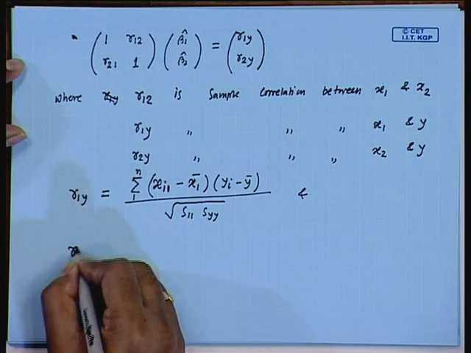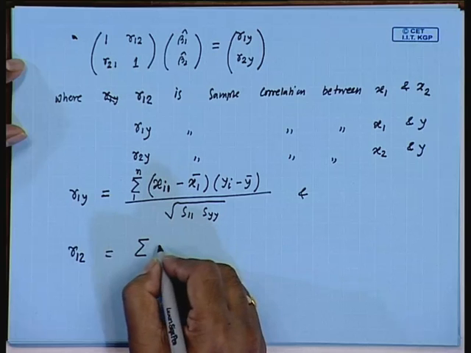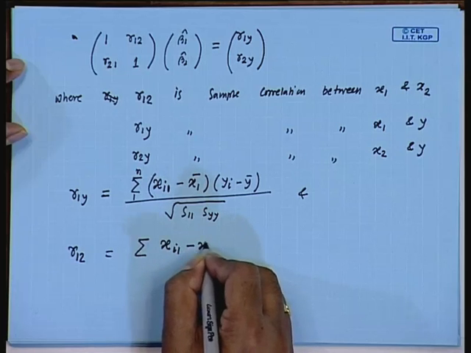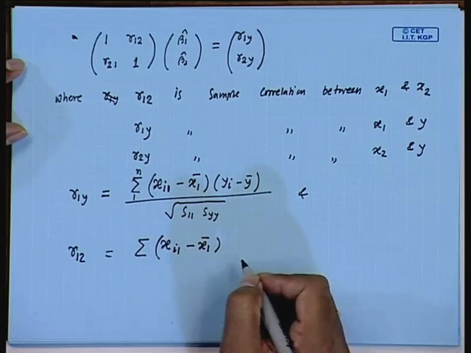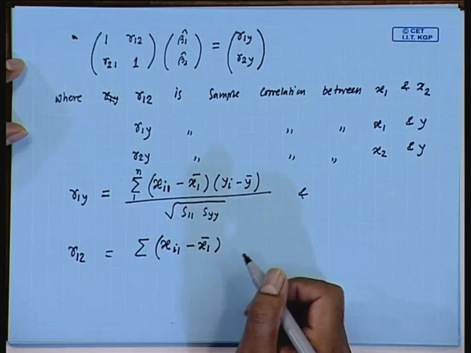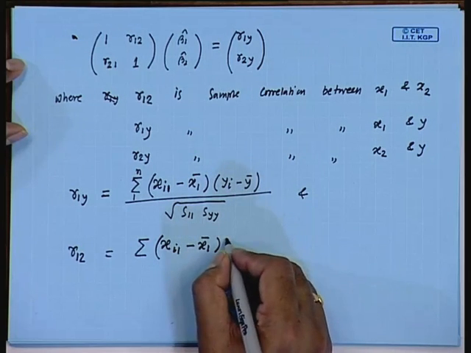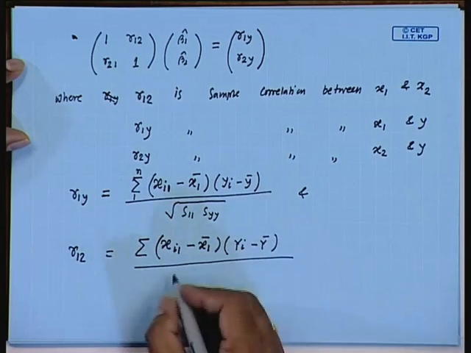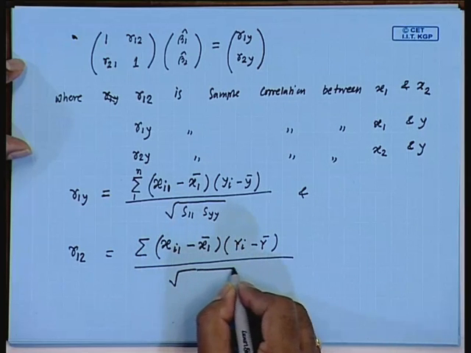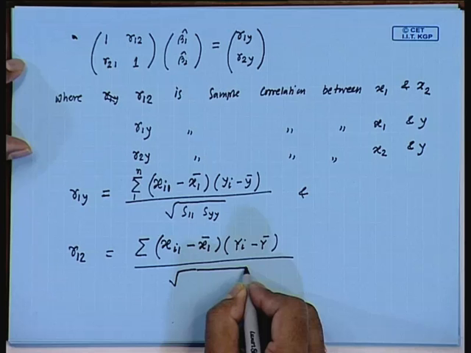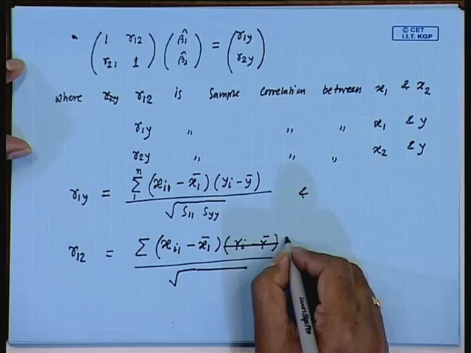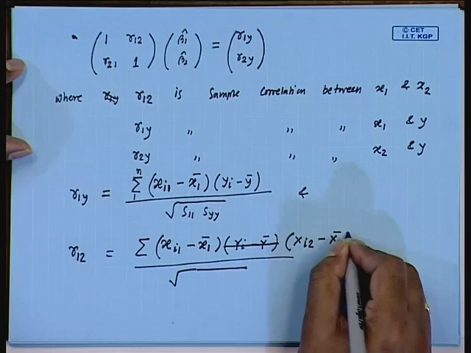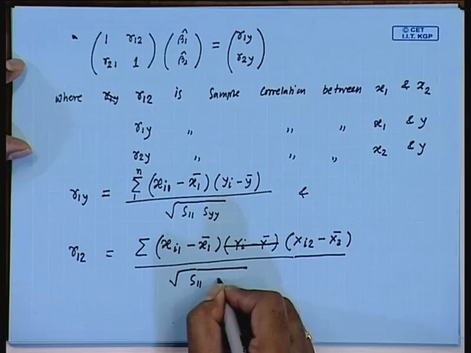and R12 is equal to sum of xi1 minus x1 bar, sorry, this is equal to xi2 minus x2 bar, right, over root of S11 S22.